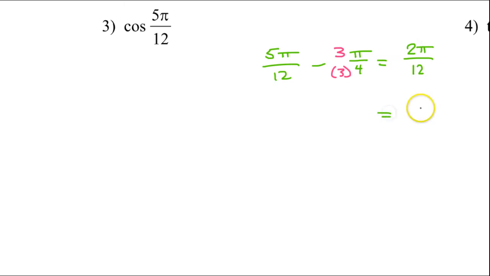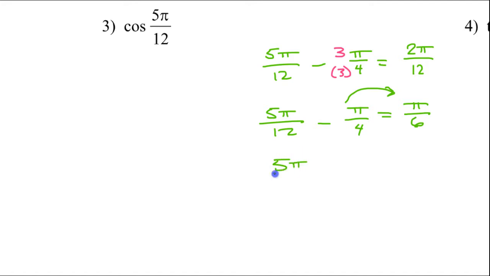But that reduces down to pi over 6. So that tells me that 5 pi over 12 minus pi over 4 is equal to pi over 6. Now adding pi over 4 to both sides, that gives me 5 pi over 12 is equal to pi over 4 plus pi over 6.